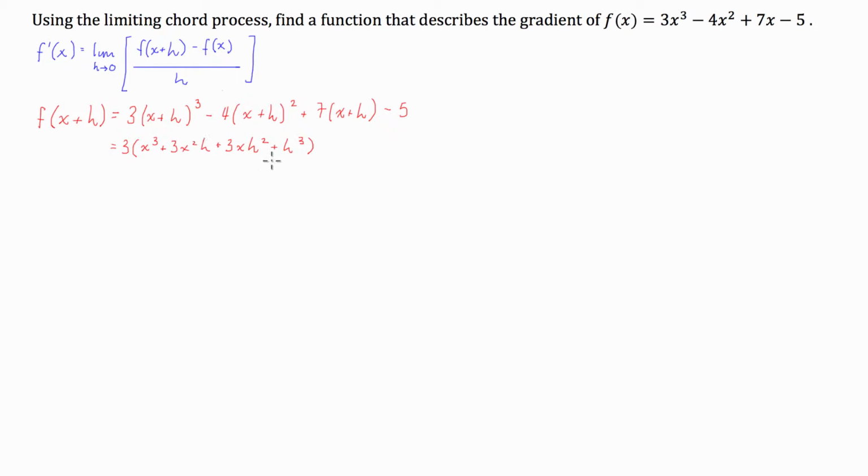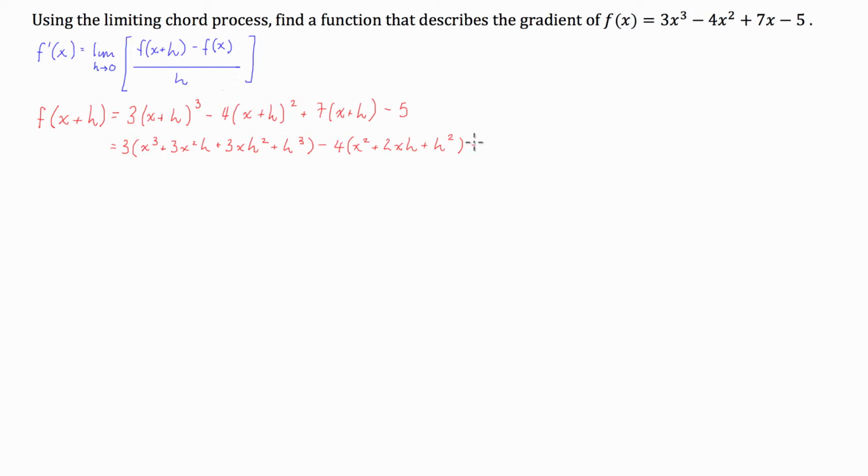That's just the use of Pascal's triangle to work out what that expansion is. Similarly, I might put it in another video of how that would work, but we have to expand this one, so it's going to be x squared plus 2xh plus h squared.